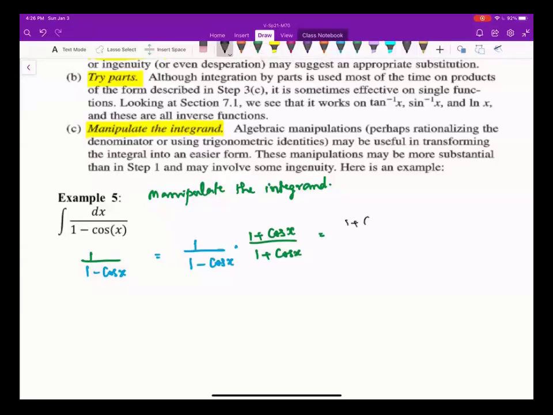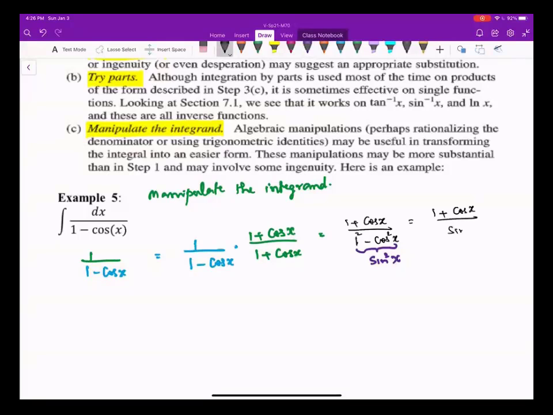That is 1 plus cosine x in the numerator, and the denominator is 1 minus cosine x times 1 plus cosine x. It is a difference of squares, so 1 squared minus cosine squared x, or 1 plus cosine x over 1 minus cosine squared x. This is nothing but sine squared x from the Pythagorean identity.